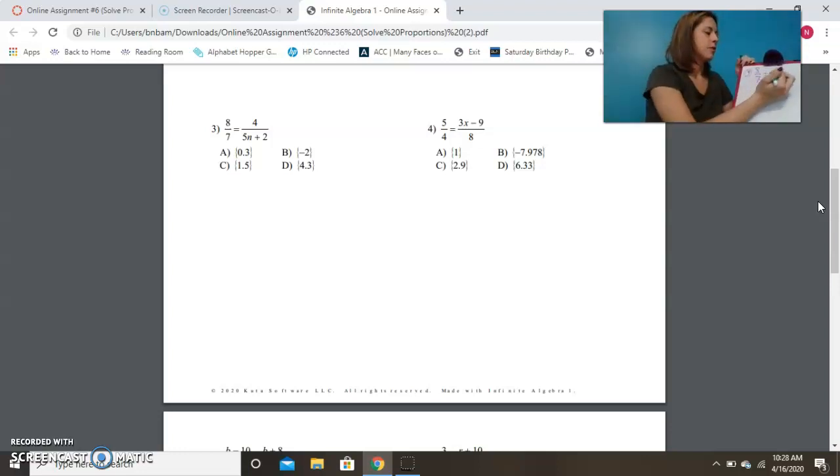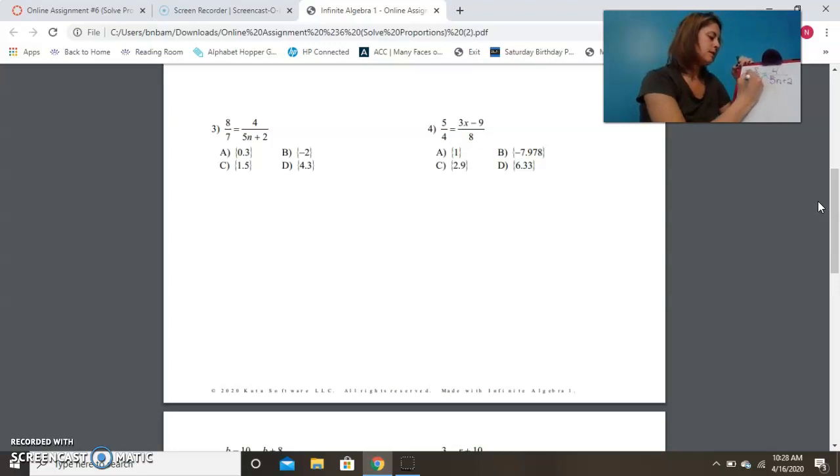So again, we're going to cross multiply, so we're going to do this bottom number by this top number, and this top number by this bottom number. Again, it does not matter which one you do on the left side and which one you do on the right side. But since we did this on the left-hand side last time, that's what I'm going to do here.